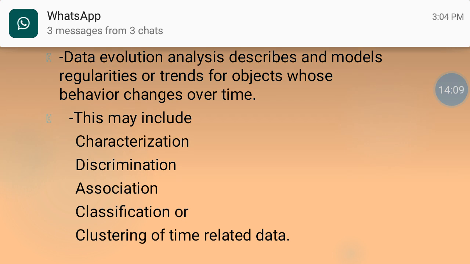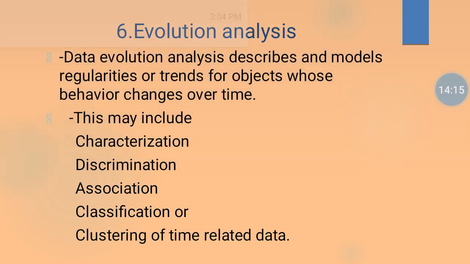These are all the functions of data mining. So evolution analysis can be done by using the data mining functionalities, and distinct features of the analysis include time series data analysis, sequence or periodicity pattern matching, and similarity-based data analysis.